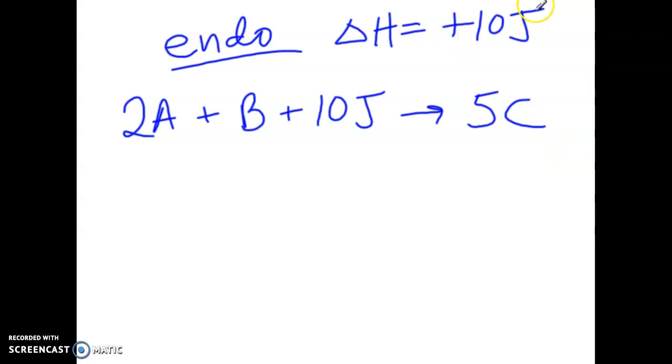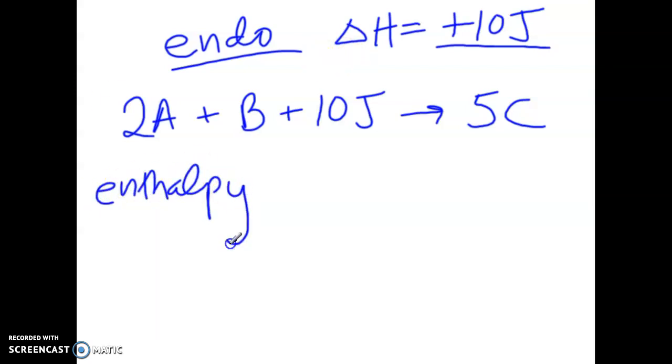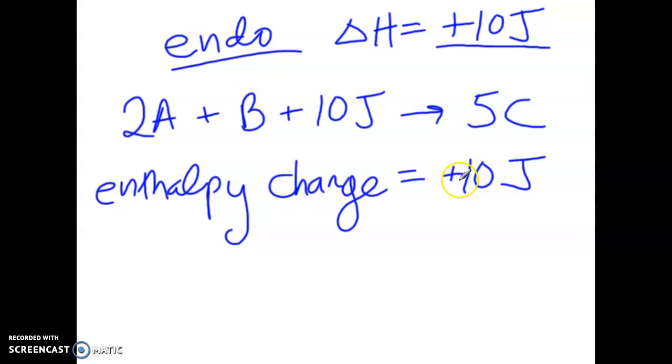Now, this value here is the enthalpy change for this reaction, right? So the enthalpy change is positive 10 joules. But we can't call that the molar enthalpy change for everything here.